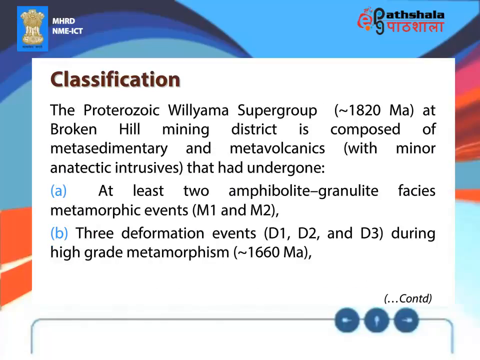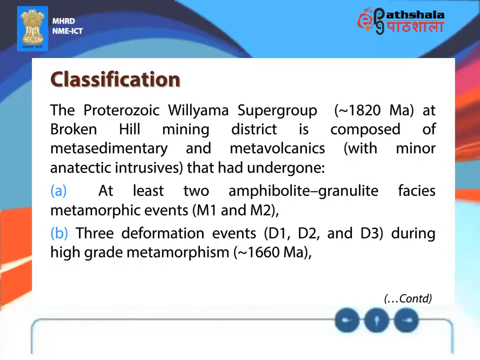The Proterozoic Willyama Supergroup, approximately 1,820 million years old, at the Broken Hill mining district is composed of metasediments and metavolcanics with minor anatectic intrusives that had undergone A. At least two amphibolite-granulite facies metamorphic events, M1 and M2.